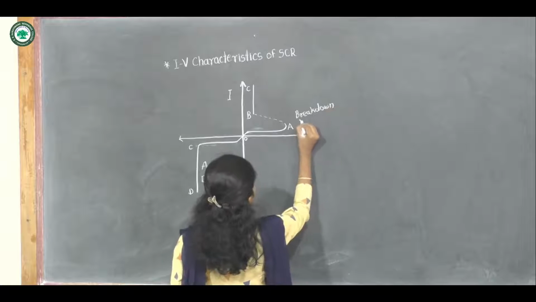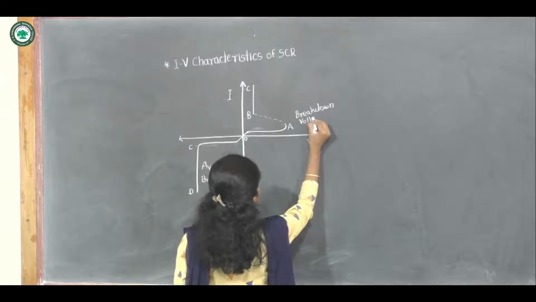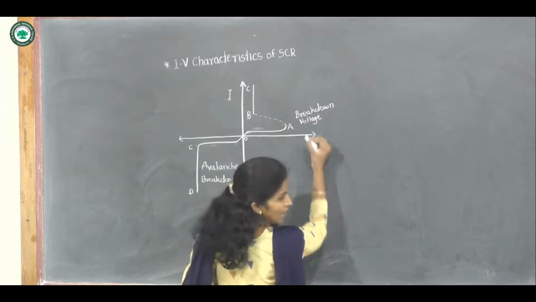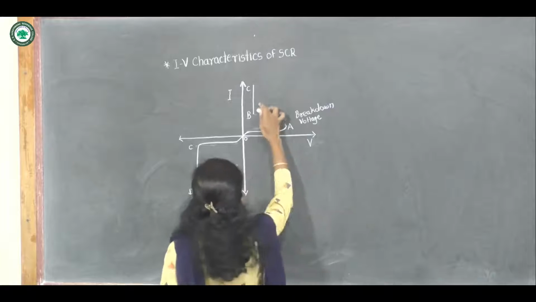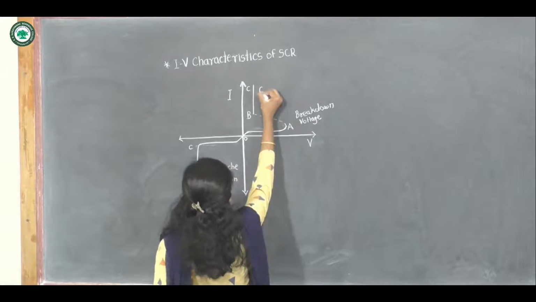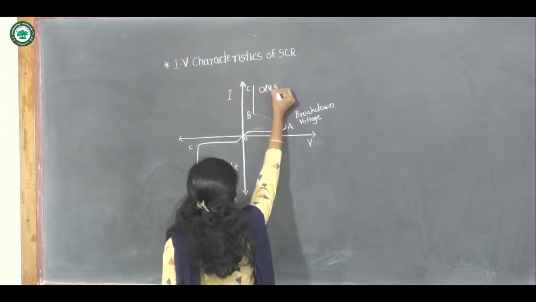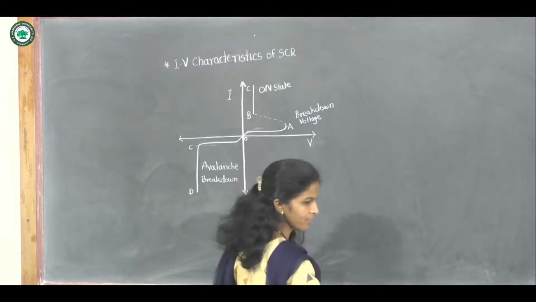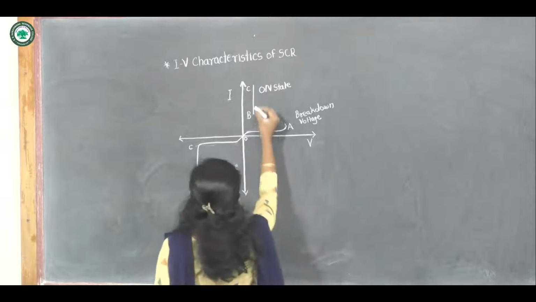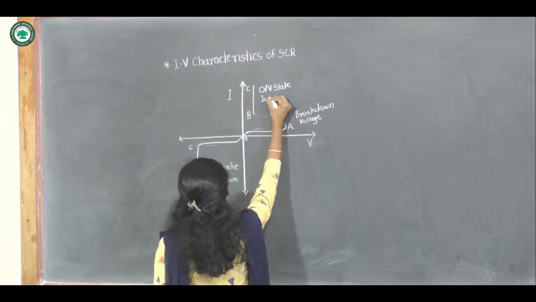After point A, this is the on state of SCR, where Ig is equal to 0. That is, the gate current is 0.